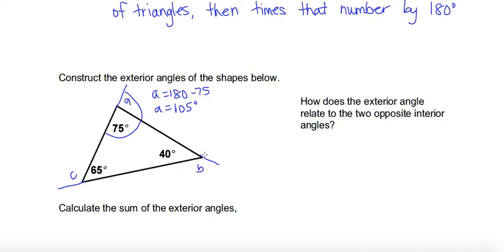We can do the same thing for B. B is the same as 180, take away 40. So B is the same as 140 degrees. And same thing with C. C is the same as 180, take away 65, and that's going to be 115 degrees.